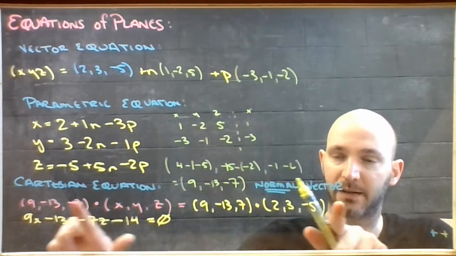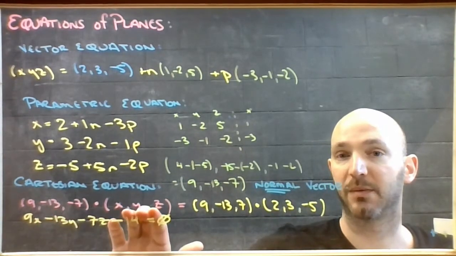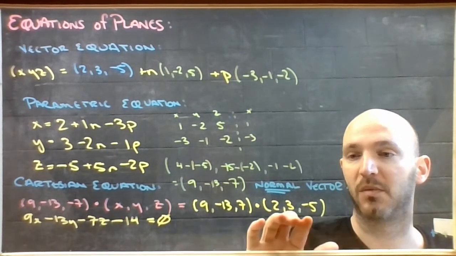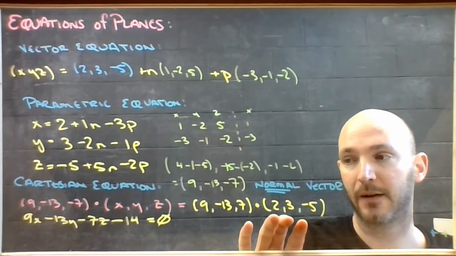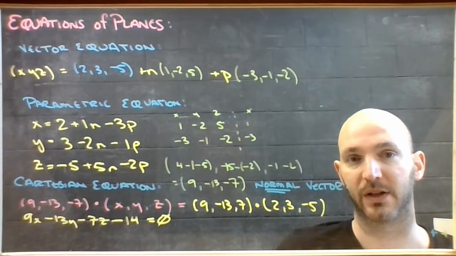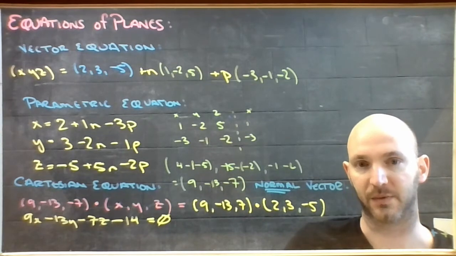So there's your setup for a Cartesian equation. You take the normal vector and you dot it with the generic x, y, z, and then set it equal to the normal vector dot product with the point that you want to lie in the plane, and then you work it all out into something that looks like that for your Cartesian equation. So I'm going to clean this off, and we're going to try an example, see what we can do.